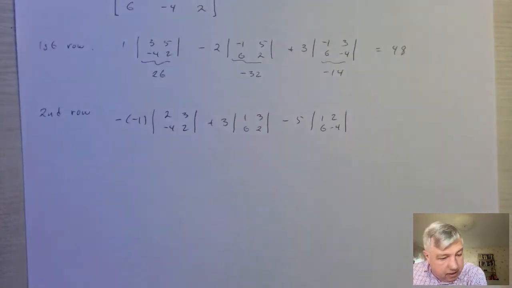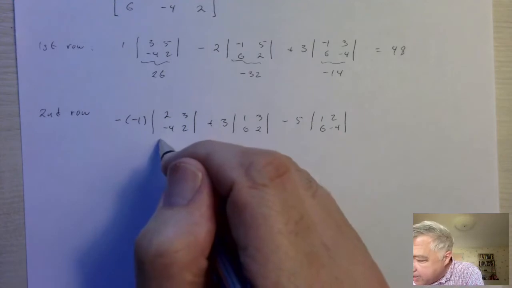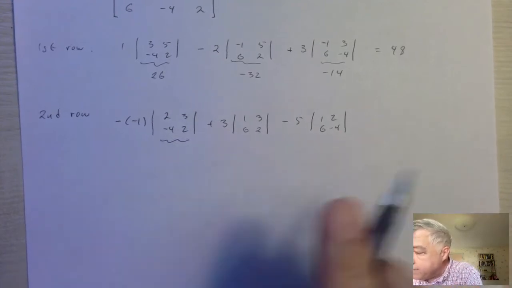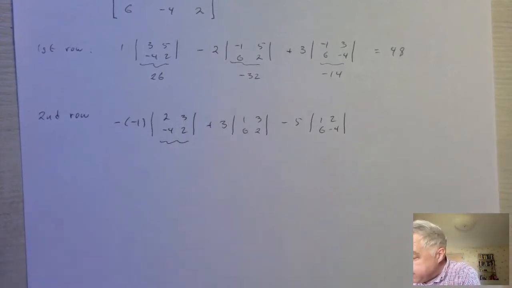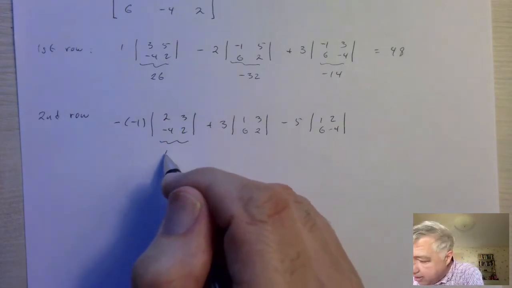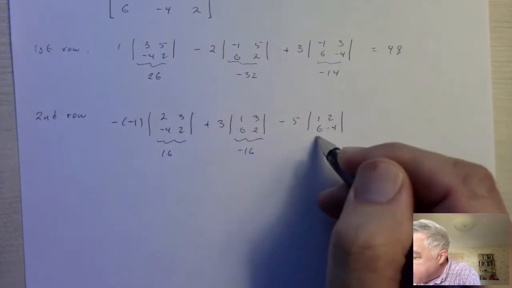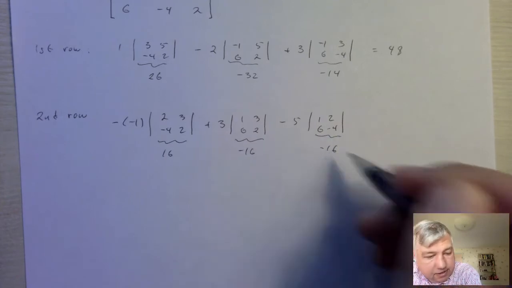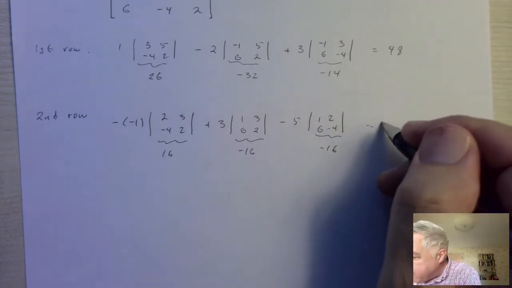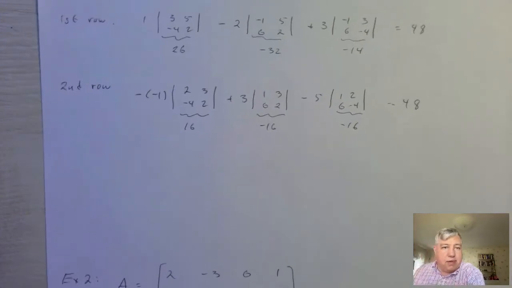Okay. If my arithmetic is correct, this is 16. This is negative 16. And this is negative 16 as well. So this will be 48. So you should get the answer.